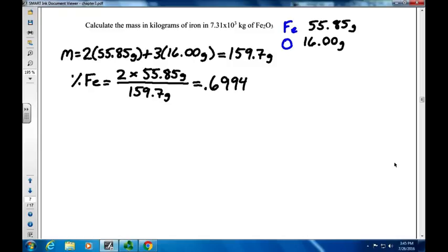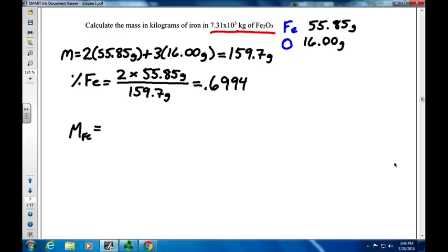Now, I didn't put this in percent. I'm simply looking for the decimal equivalent because we're then going to relate it back to find the number of actual kilograms of iron. So then all we have to do is a dimensional analysis to find the mass of iron, recalling that this up at the top is our mass in kilograms of iron oxide. So we are looking simply for the mass of iron.